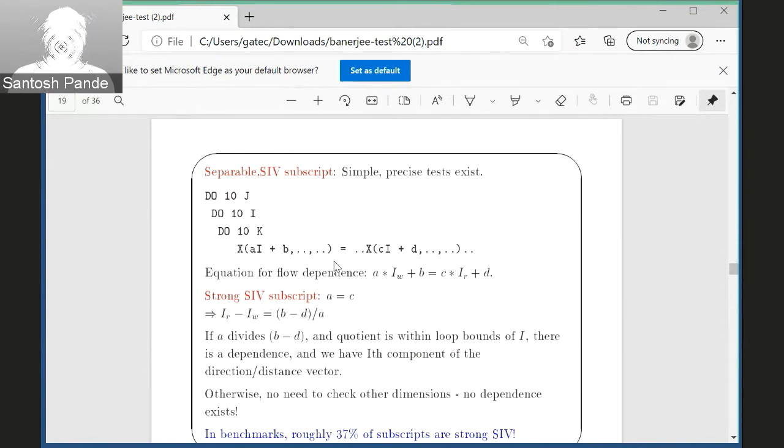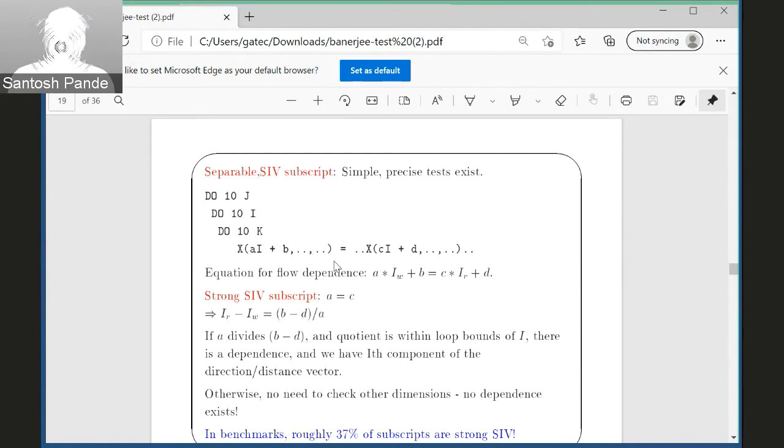So two conditions are important here. One is A divides B minus D, and the second one is on the right-hand side, which is telling us the dependence distance must be less than the difference between the loop bounds for I, upper bound minus lower bound. So I hope this is clear. If one of the conditions is not satisfied, there is no dependence. So that's how we apply these tests, and we are able to do it pretty well.